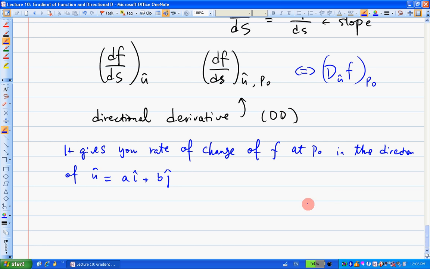So if you recall the derivative, when you have df over dx, what was that? Limit delta x goes to 0, of f(x plus delta x) minus f(x), over delta x. That's the derivative of a single variable function, right? Now, I'm talking about the derivative of a function of two variables. So the definition, similar to this, is going to be this.